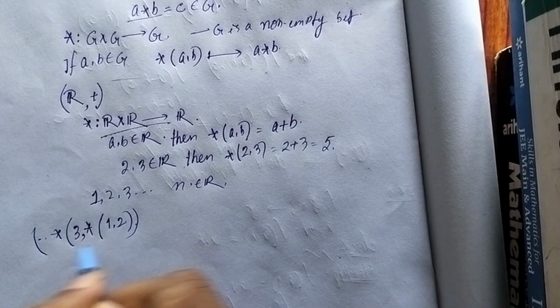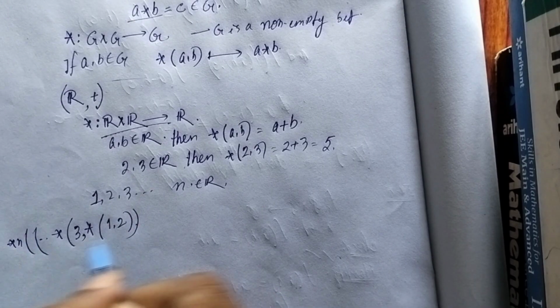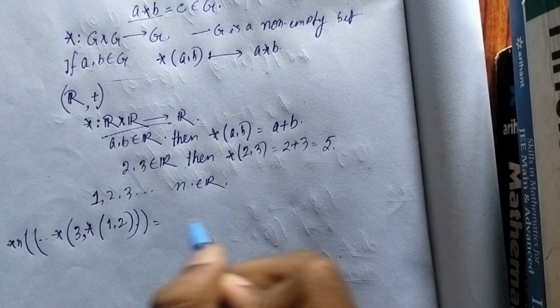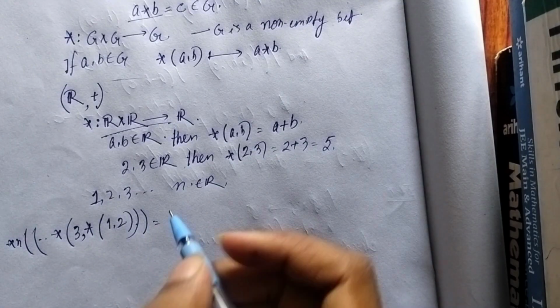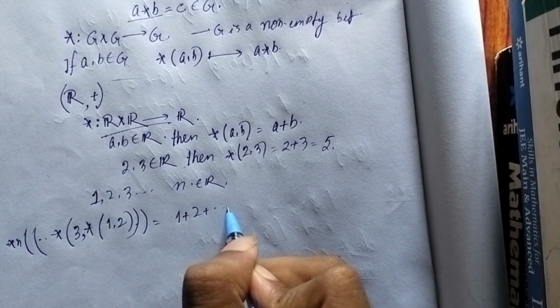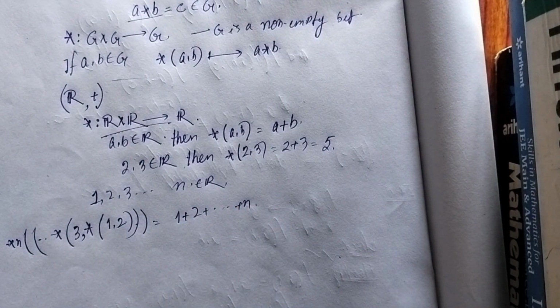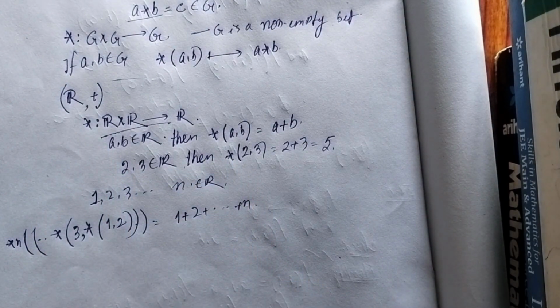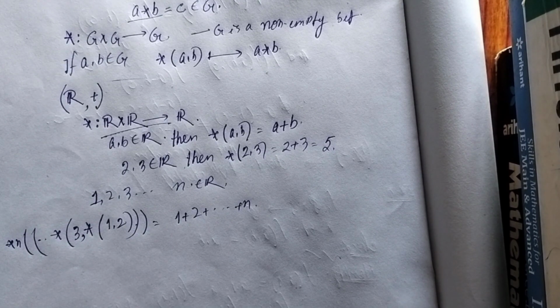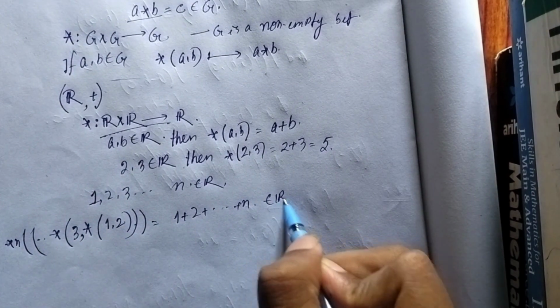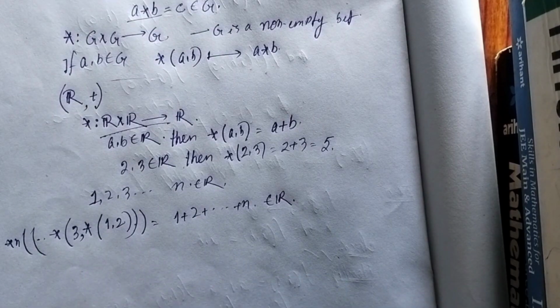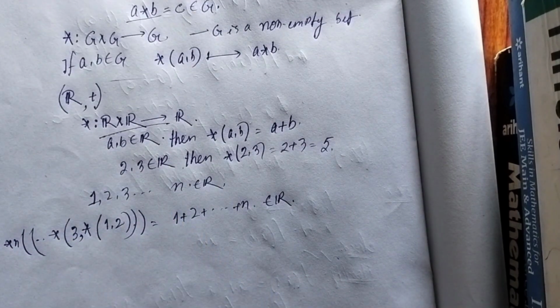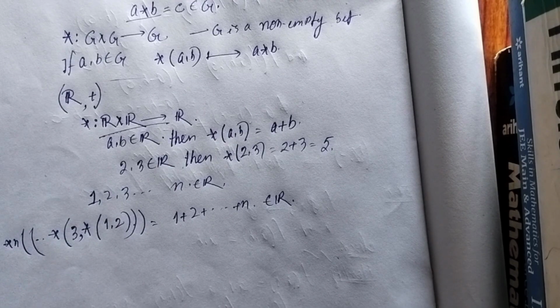Ultimately, after the operations, you end up with the sum 1 plus 2 plus 3 and so on. So closure gives us the continuous application of the operation, and using n times the operation, we will ultimately end up in R. This is a good thing.